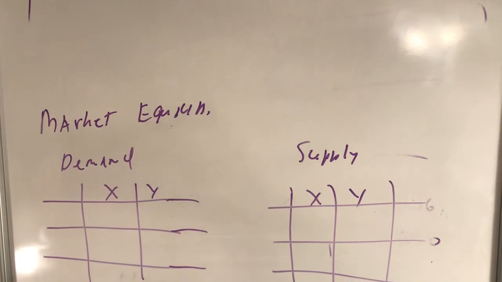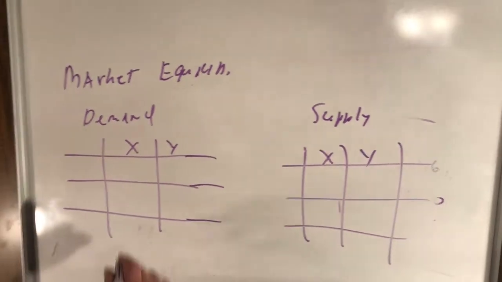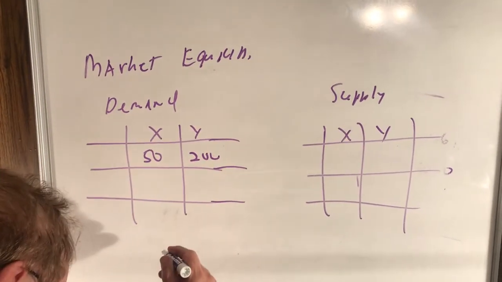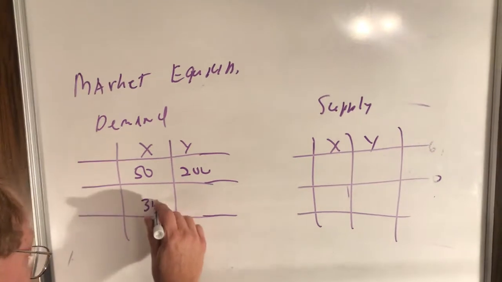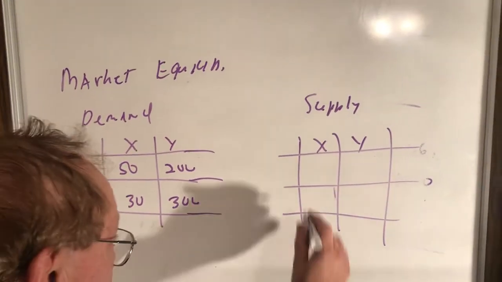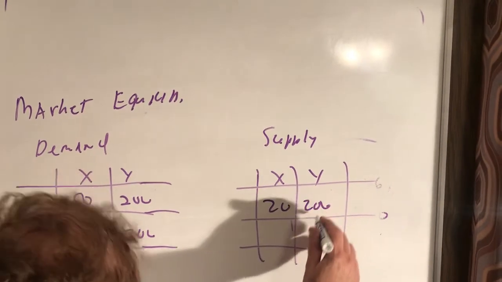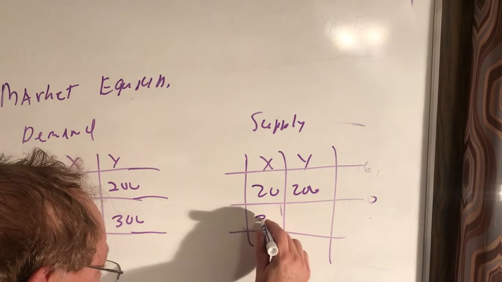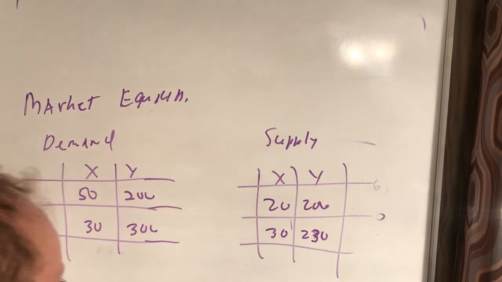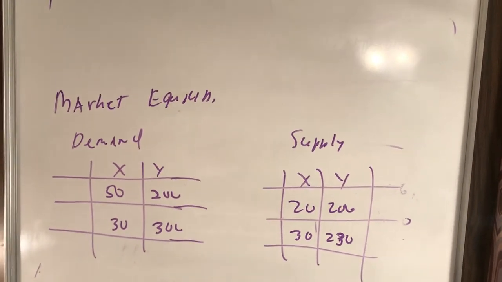We make our little table here for demand. 50 demanded, they'll sell it at 200. 30 demanded, 300. Supplier will sell 20 for 200, and 30 for 230. Okay, so that's your supplier.